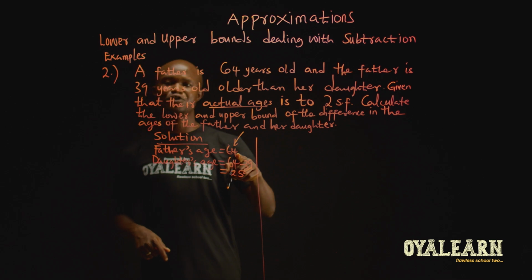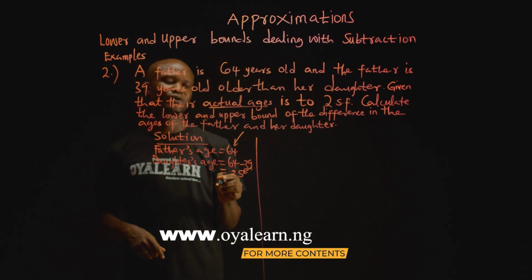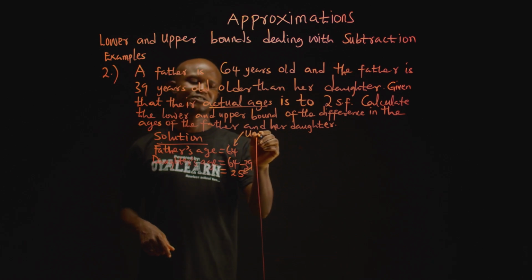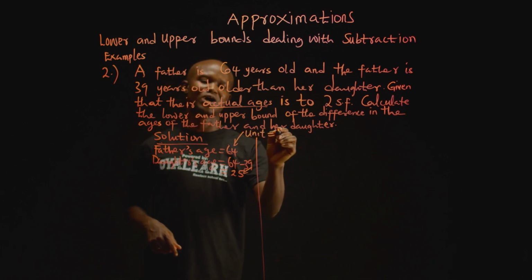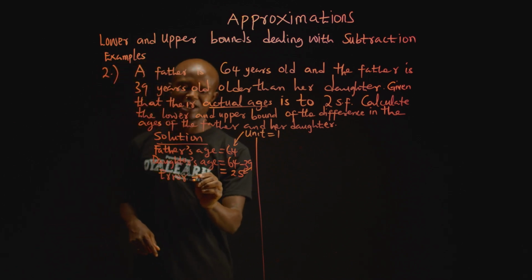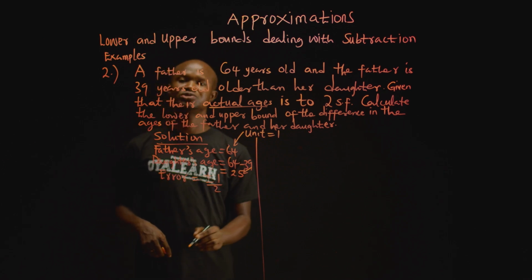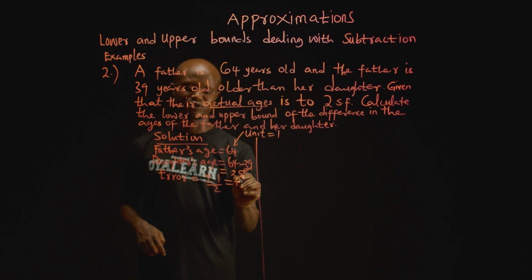The place value of 4 here, which is the last number in 64, is units. And unit means 1. So in this case, we need to calculate the error for the bounds. The error is going to be plus or minus 1 divided by 2, and that will give us plus or minus 0.5.